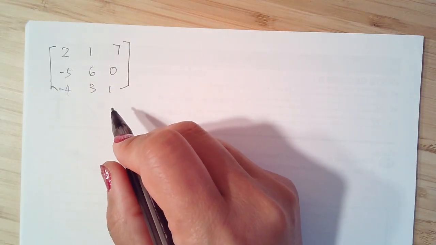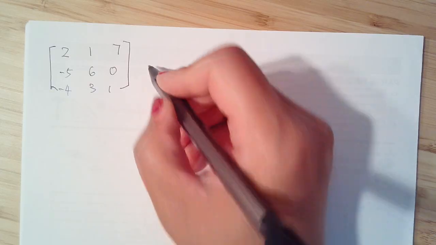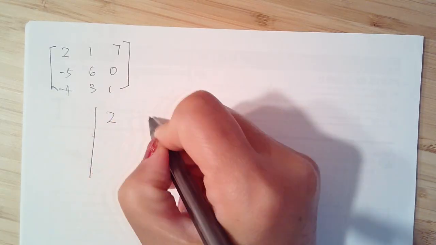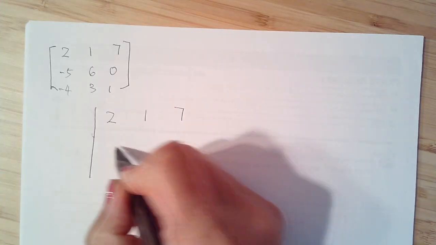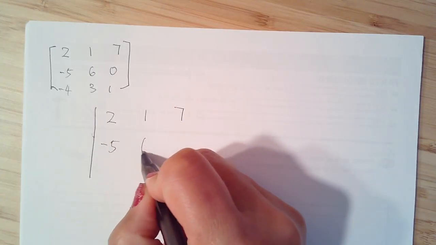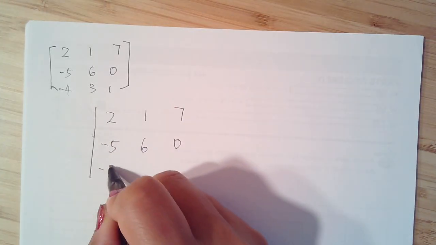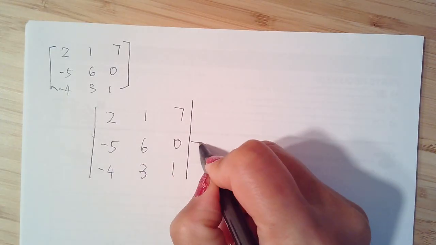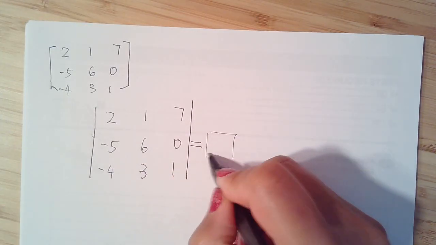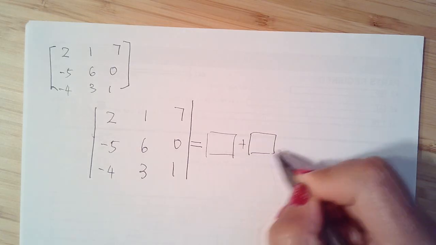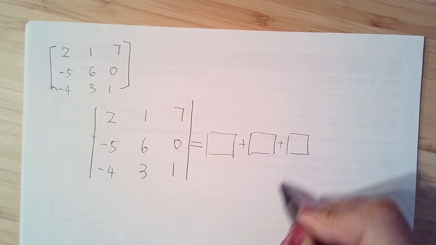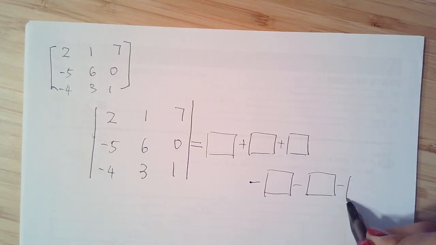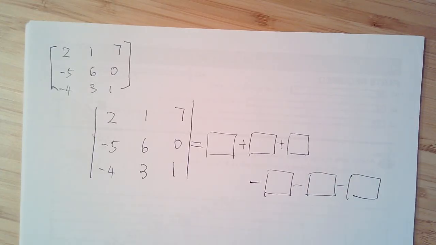So I need to find the determinant, which is of 2, 1, 7, -5, 6, 0, -4, 3, 1. That equals 3 numbers add up, and then minus another 3 numbers. I like this method a lot.